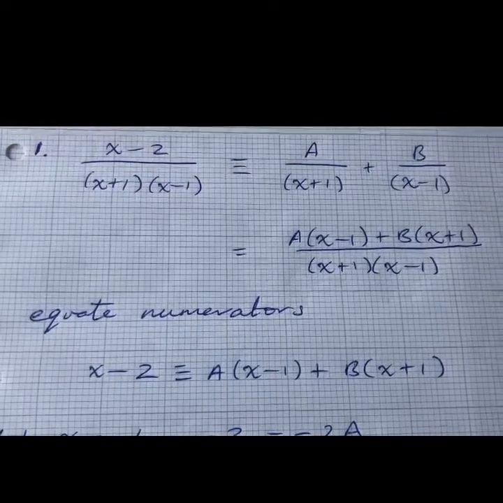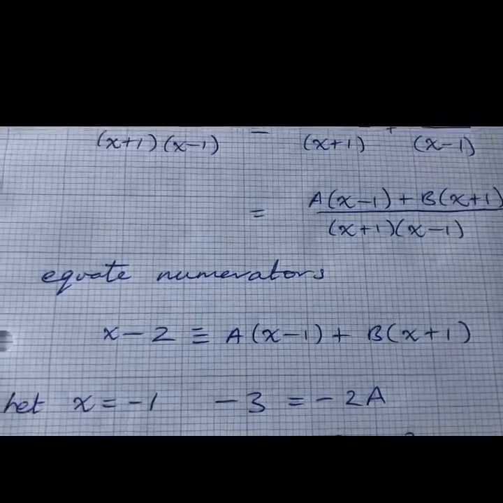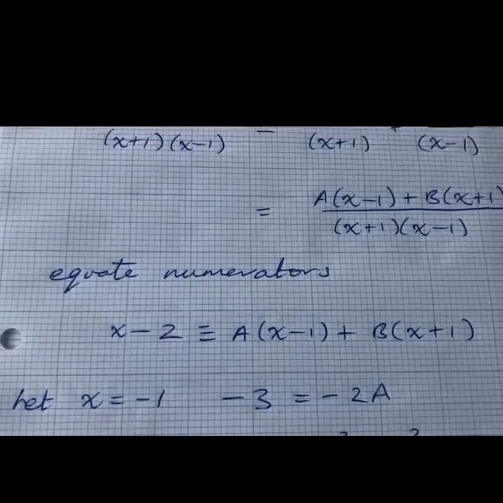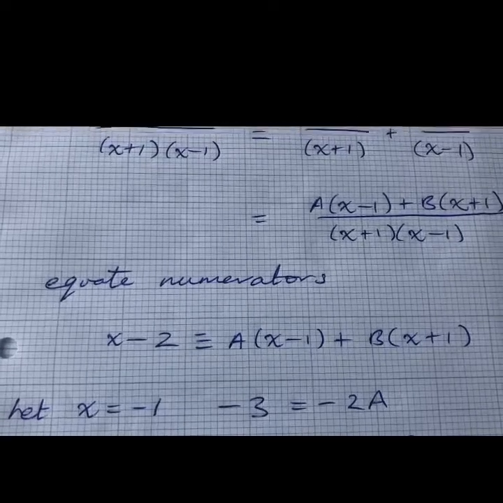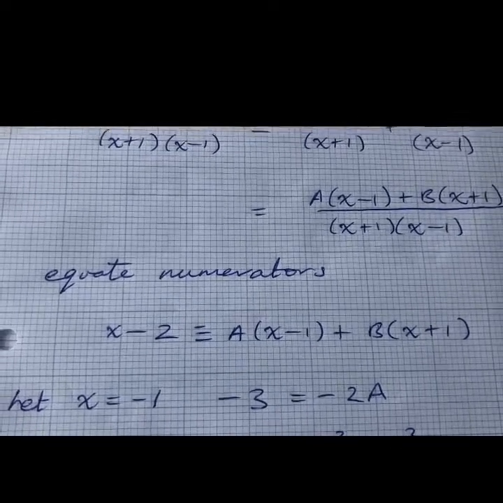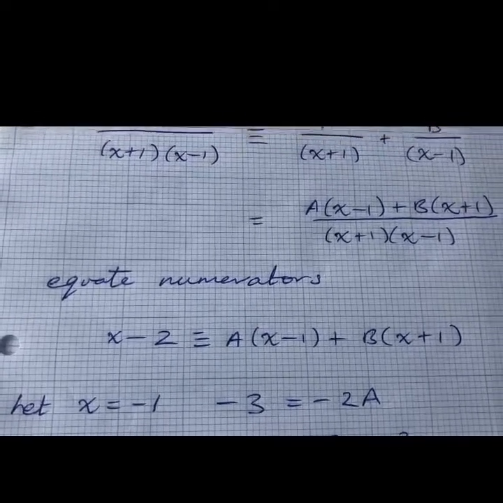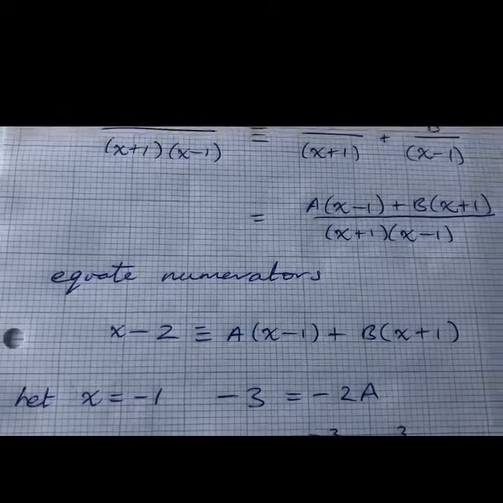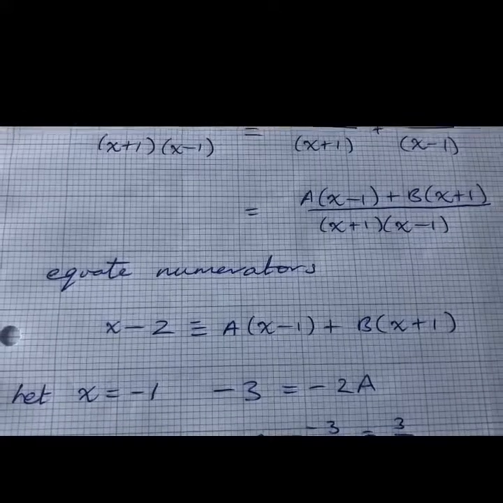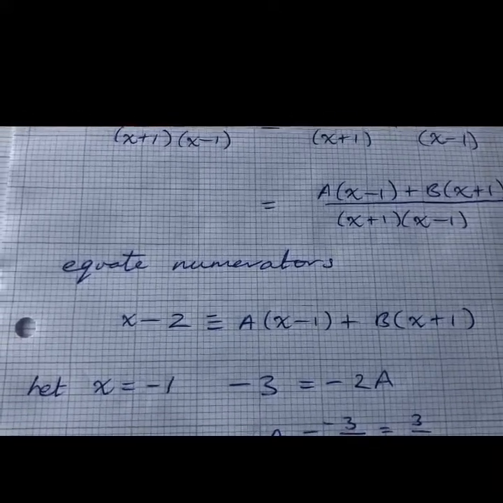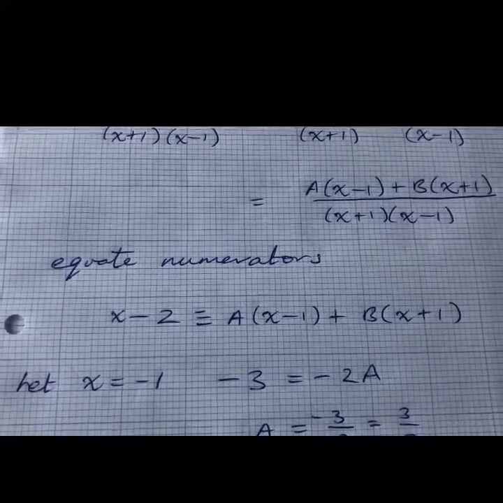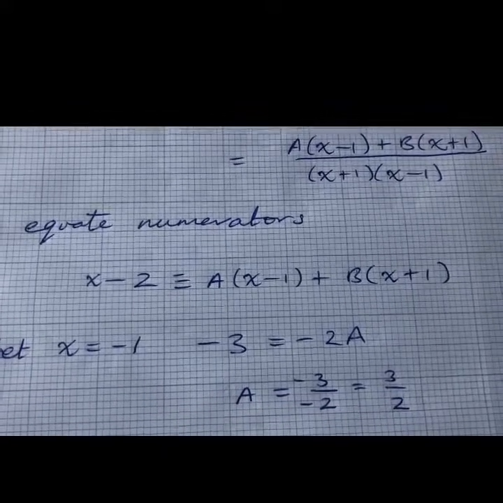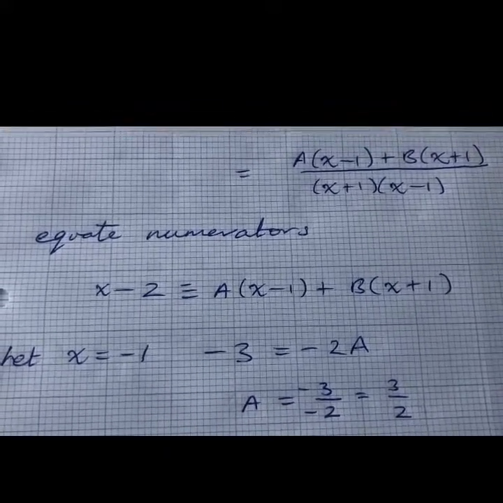Now, in order to work out the a and the b, if we choose x's to substitute in carefully, we can simplify the expression. If I let x equal minus 1 right across that expression, the x minus 2 becomes minus 3. And notice on the other side, the term involving b will cancel out or go to 0, and it leaves me with minus 2a. So minus 3 equals minus 2a allows me to work out that a is 3 over 2.